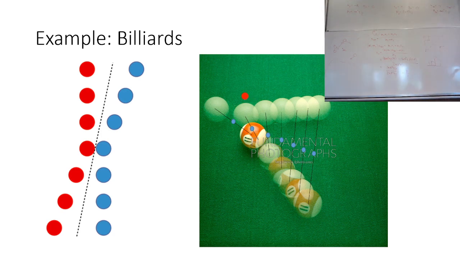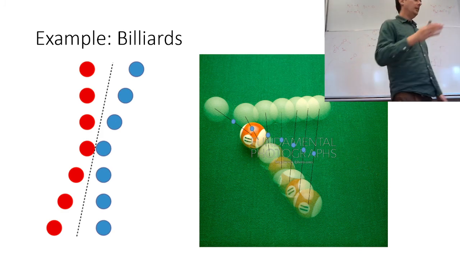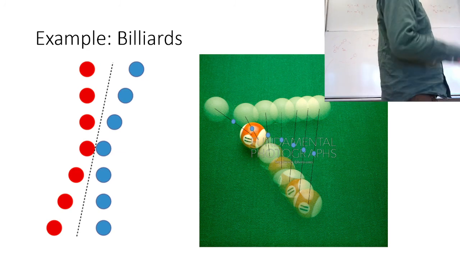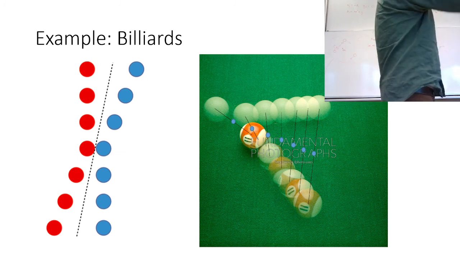What I've tried to do here is draw a line between the white ball and this color ball, and usually they're about the same mass, right? So just draw the midpoint of these two. This is the first one, second one, and so forth. If you do that, what you find is that the midpoint, which is basically where the center of mass is, is going exactly in a straight line. So the center of mass of these two balls does not deviate at all.